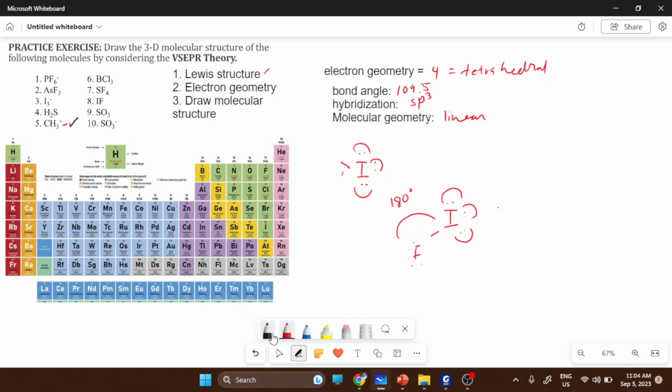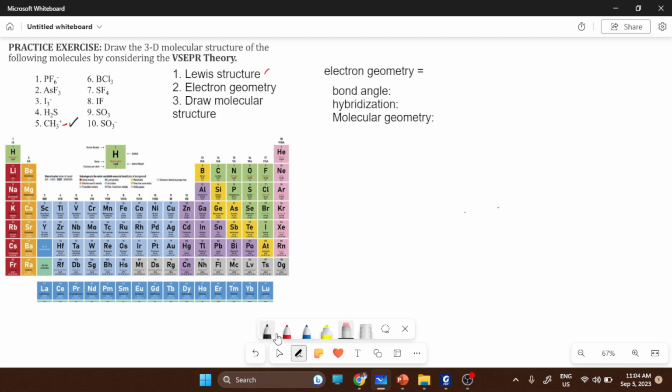What about sulfur trioxide? Sulfur trioxide, so sulfur is 6. Now, the oxygen tend to form a double bond, di ba? So, kapag nag-double bond kasi oxygen natin, remember, you are drawing a Lewis structure.